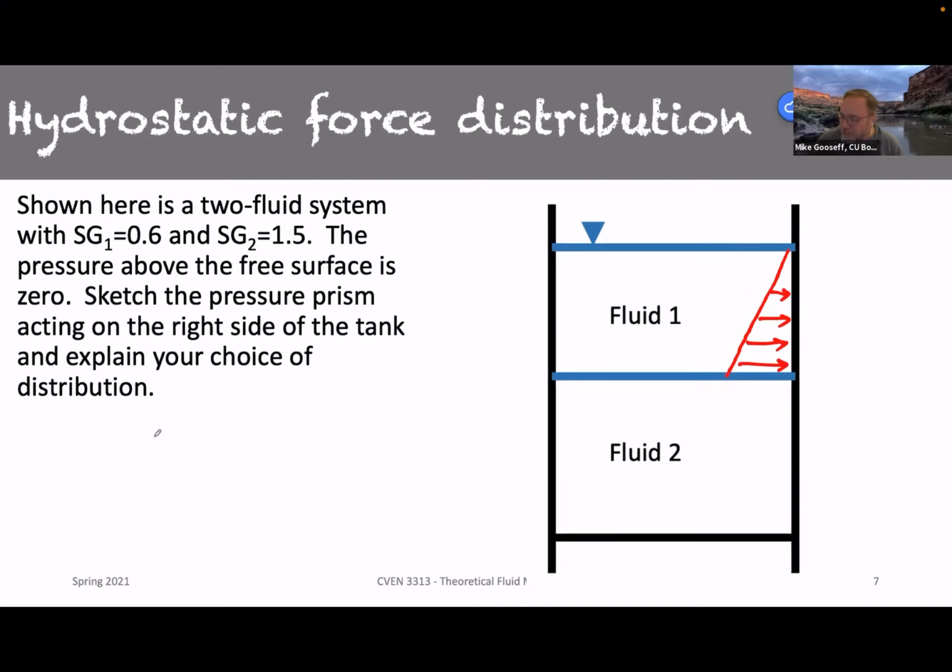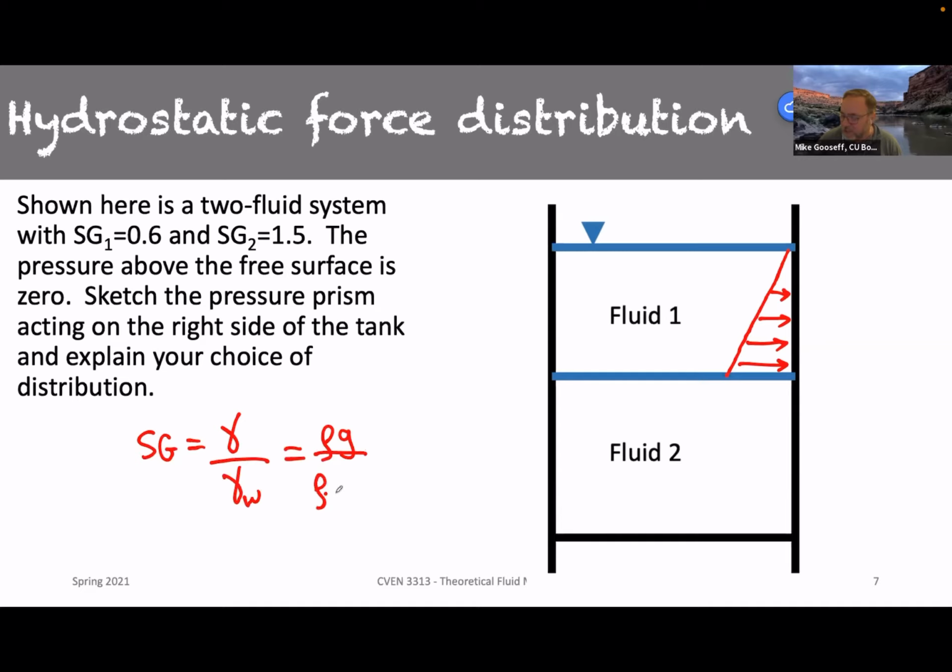Remember that the specific gravity is equal to the specific weight of your fluid divided by the specific weight of water, and the specific weight of water, or any specific weight, is the density of your fluid multiplied by gamma, right?